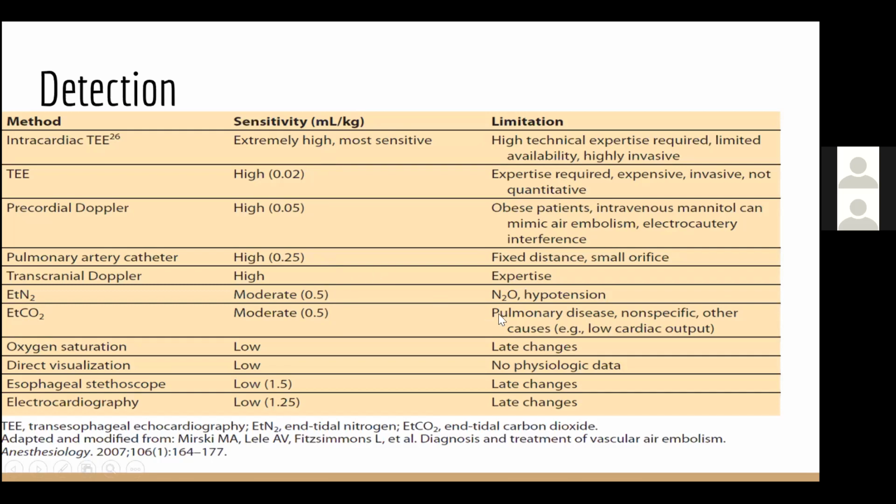But both have limitations. If the patient is hypotensive, then they can become unreliable. And if we are using nitrous, then end-tidal nitrogen is not significant. Other parameters, oxygen saturation or ECG, both have low sensitivity. So these are the methods to detect venous air embolism. And again, incidence depends on the technique which we are using to detect this embolism.